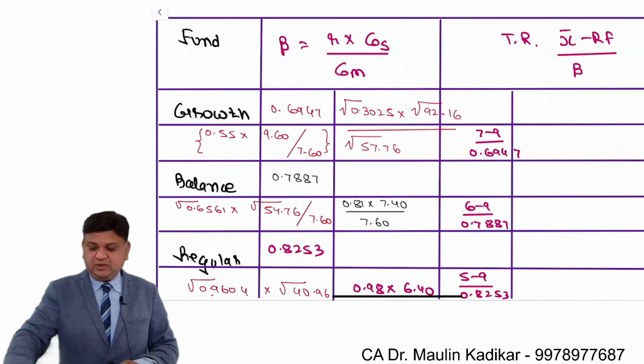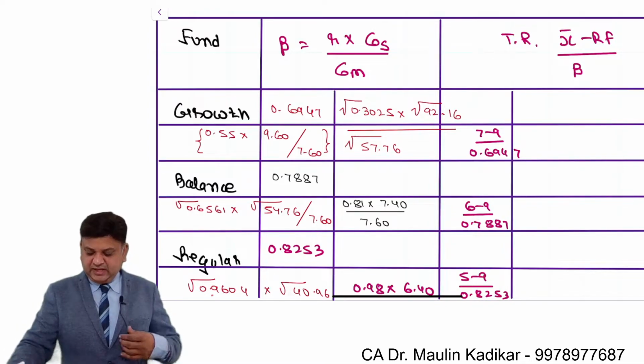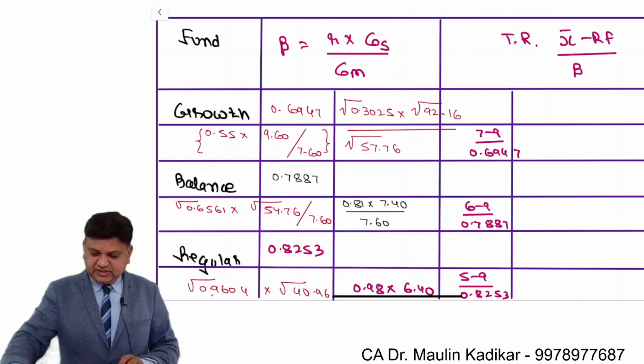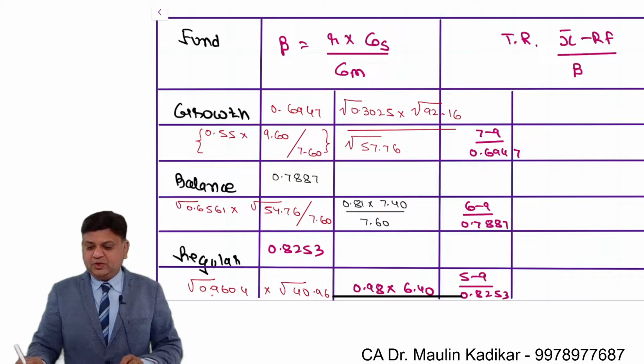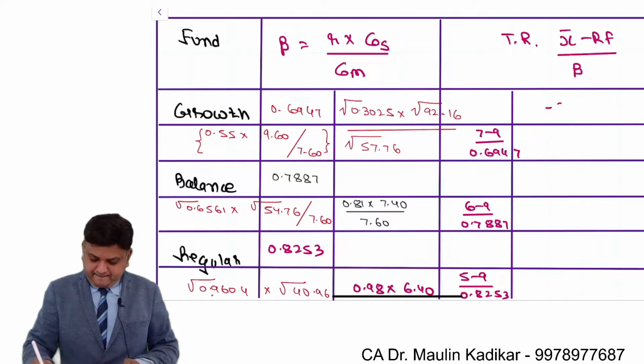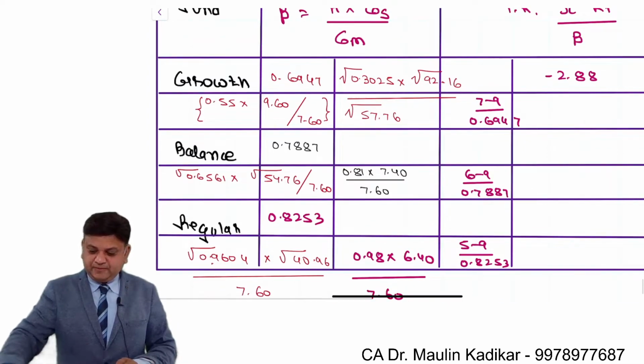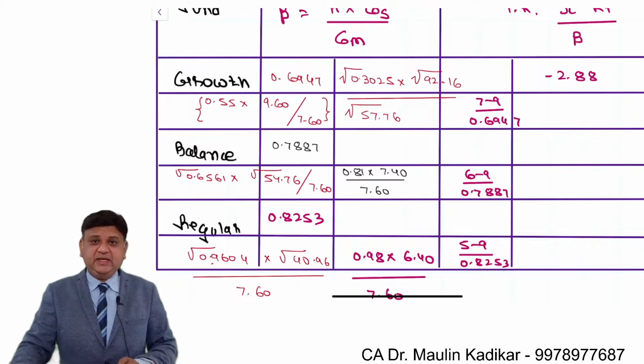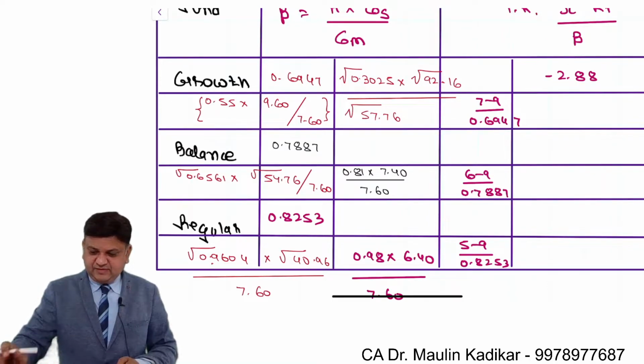So use a calculator. 7 minus 9 is negative 2, divided by 0.6947. So it is negative 2.88. For the balance fund, 6 minus 9 is negative 3, divided by 0.7887.